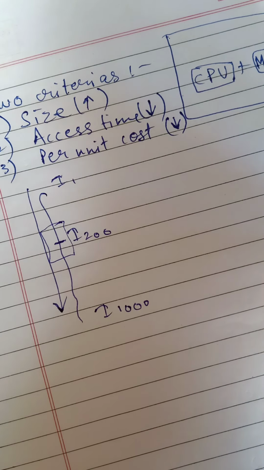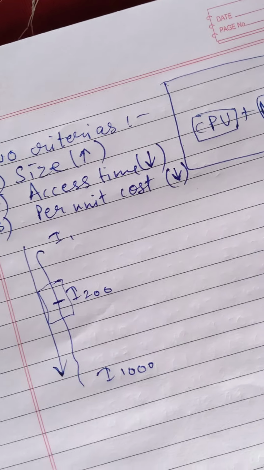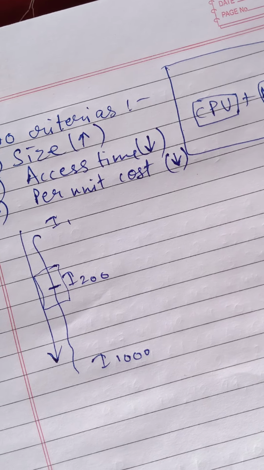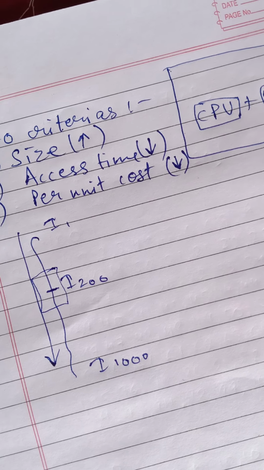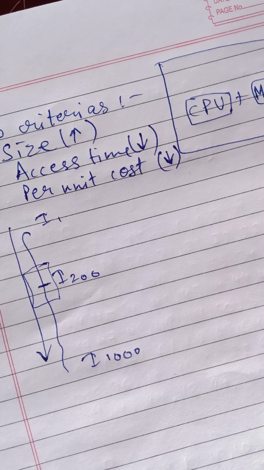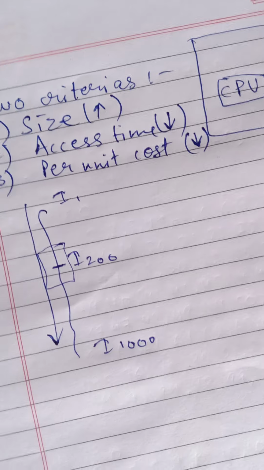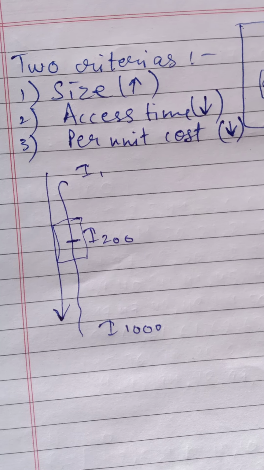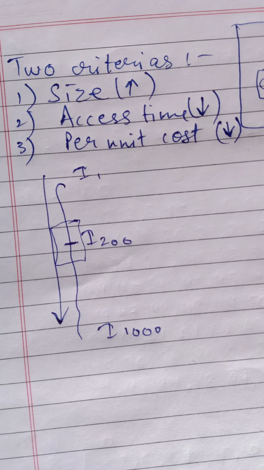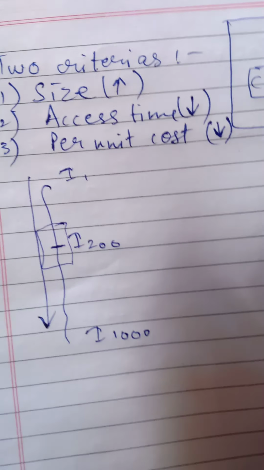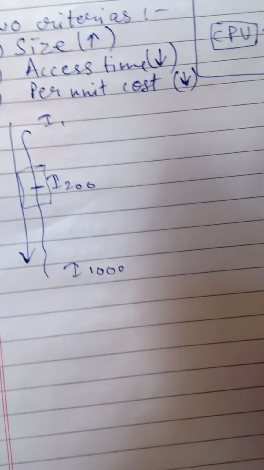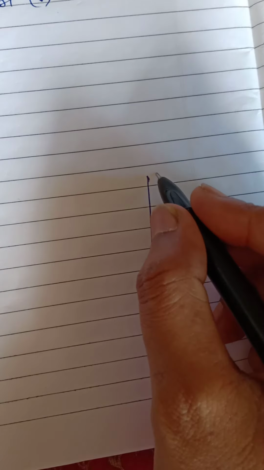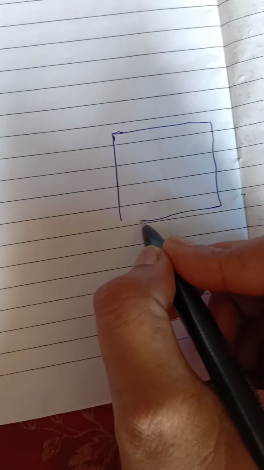The size of that memory should be very small, so that the access time of any data from that memory is very small. Now let us understand how the hierarchy of memory works. Suppose this is the bigger memory, the secondary memory.